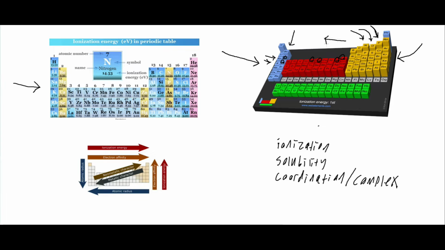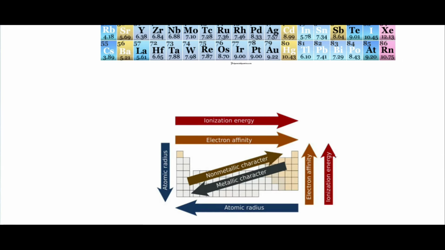As we go this way, these red ones and blue ones are all going to lose electrons and become positively charged. All right, and down here, I'm actually going to zoom in a little bit to see it better.